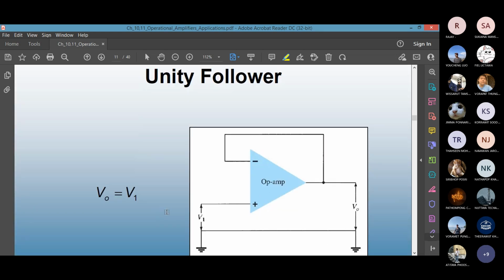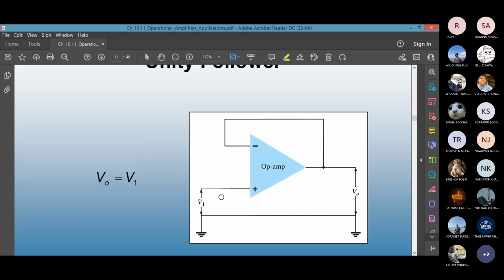What is the next type of connection using the op amp? It's called unity follower. In the op amp, here you have V1, and then the output terminal is V out. The output terminal is fed directly back to the input terminal. No resistors, no components, nothing at all.